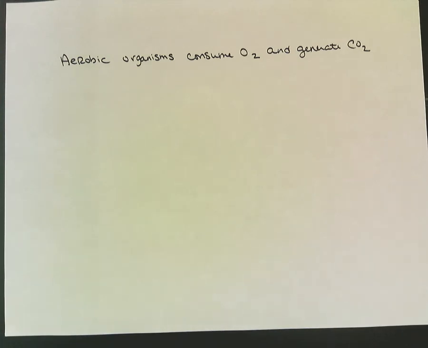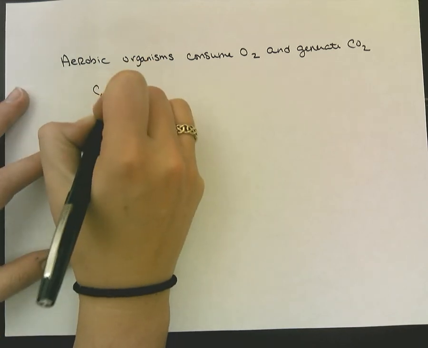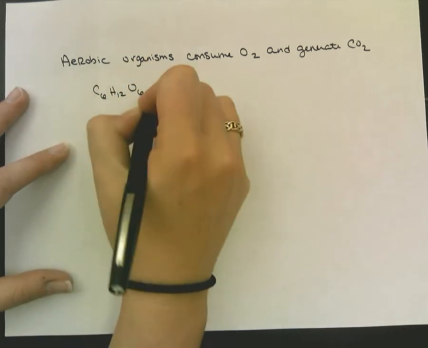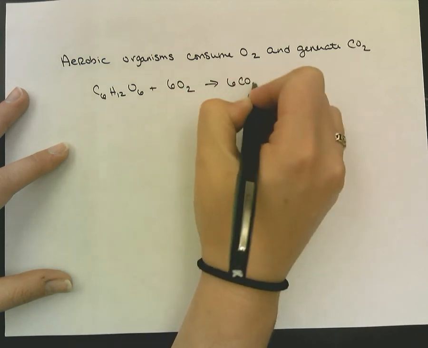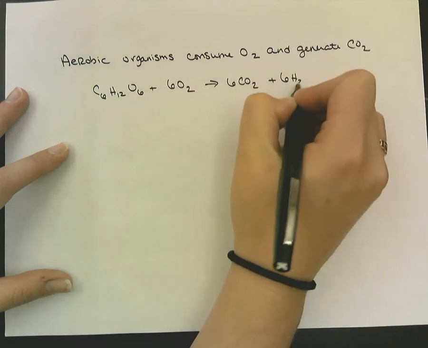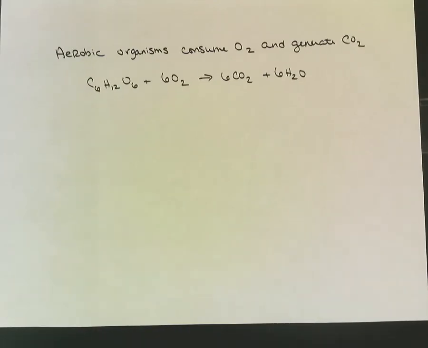You're eating a molecule of glucose in the presence of oxygen to make some carbon dioxide. So that is the net equation of what that would be. You take one molecule of glucose, 6 oxygens to make 6 carbon dioxides and 6 waters.